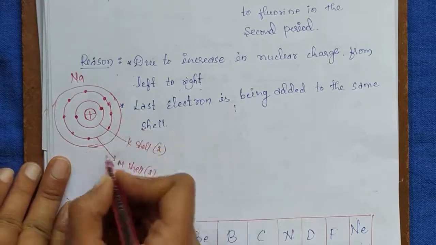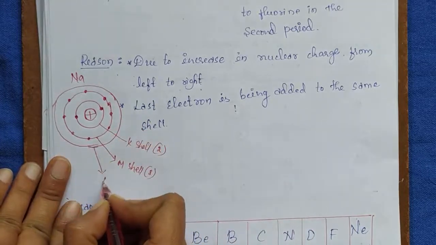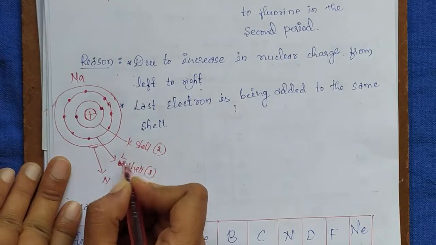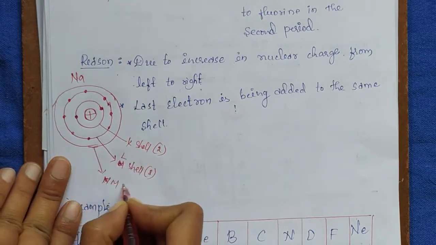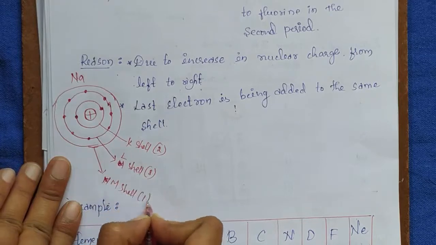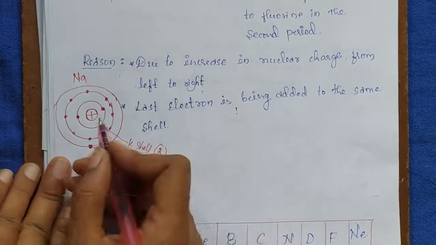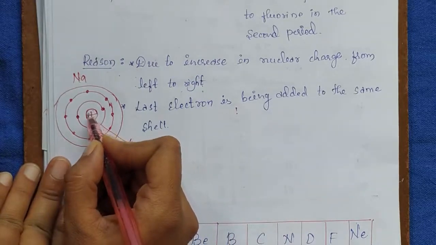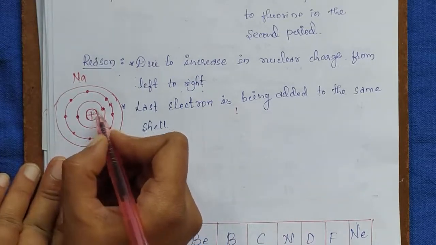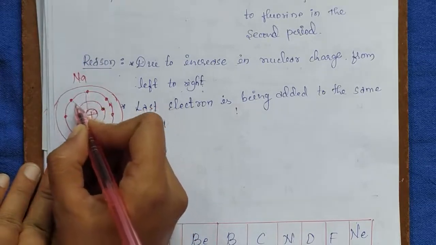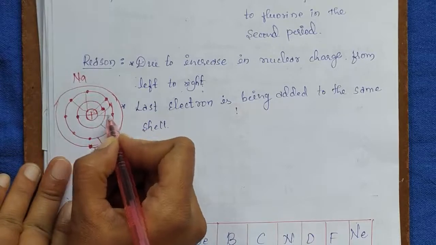After K, L will come. In the M shell, the last one electron is placed. So here the nucleus is at the center and it attracts all the electrons which are present in the different shells.